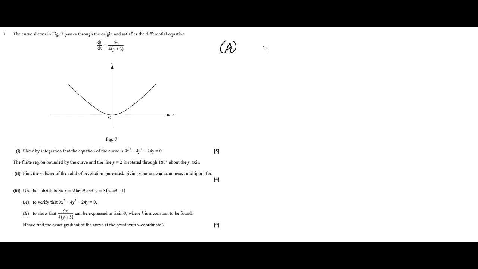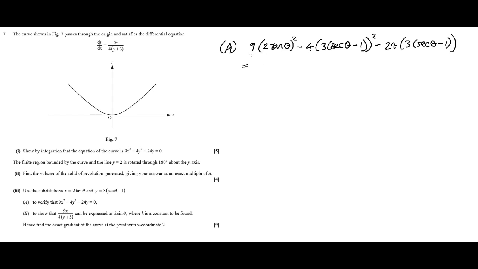Let's see. If we have 9 lots of x², which is (2 tan theta)², take away 4 lots of (3 sec theta − 1) all squared, then take 24 lots of (3 sec theta − 1), and we evaluate this thing.